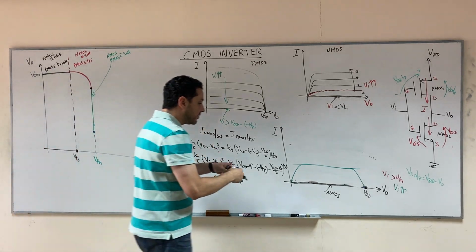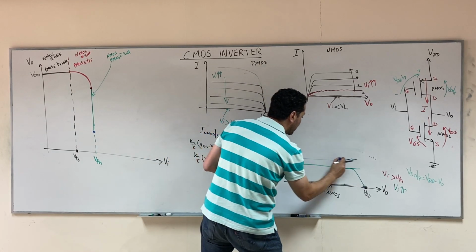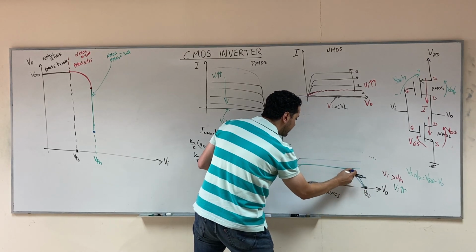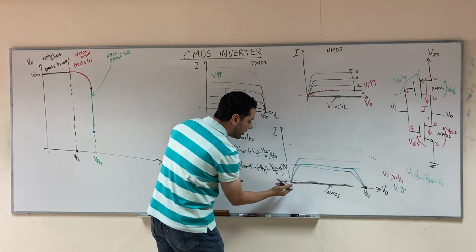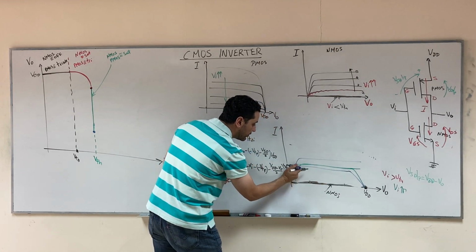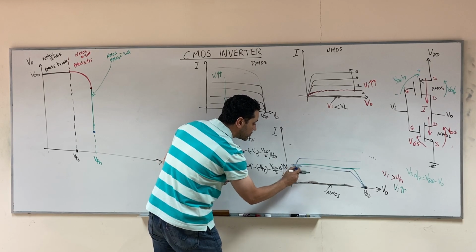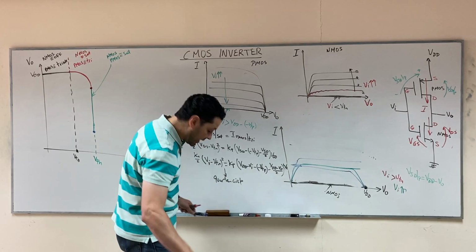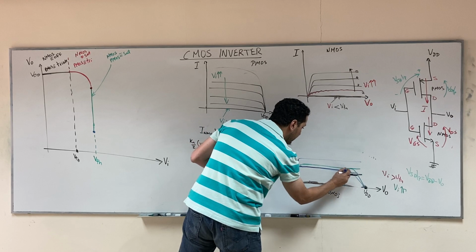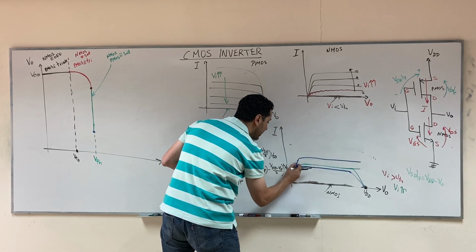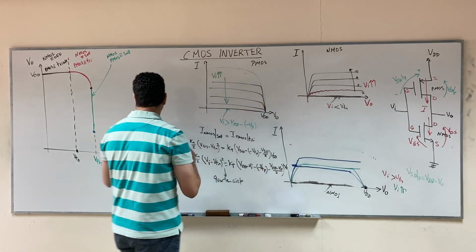If you increase V input more, the curve for the NMOS will go up, and the curve for the PMOS will go down, and V output suddenly will move to be very low, and at this region the NMOS is operating in the triode, and the PMOS will be operating in saturation.